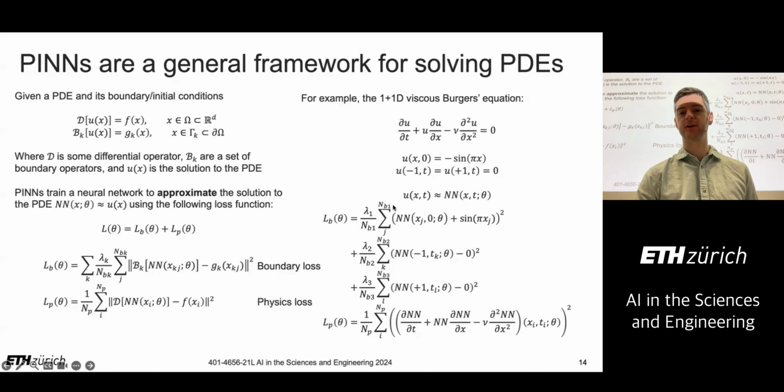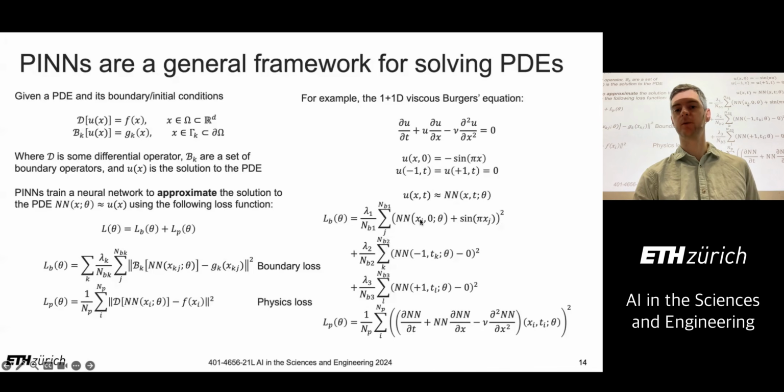We have our boundary loss here, where we now have 3 terms in our boundary loss, which are asserting each of these 3 boundary conditions. So, neural network across all points in X, but at time equals 0, we want to match to the negative sine function.